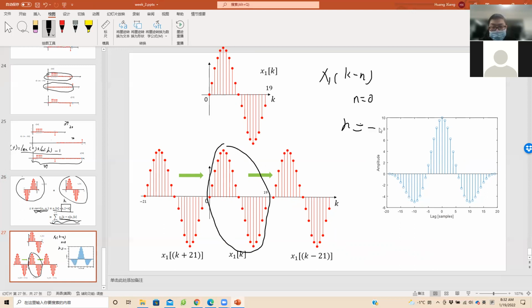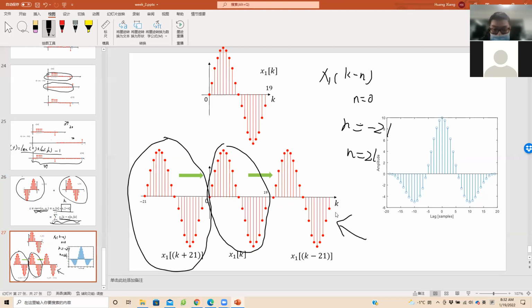If n equals minus 21, it means I have shifted this x1 signal to the left by 21 units, so it's this signal. If n equals 21, then x1 of k is shifted to the right by 21 units, so it's this signal.